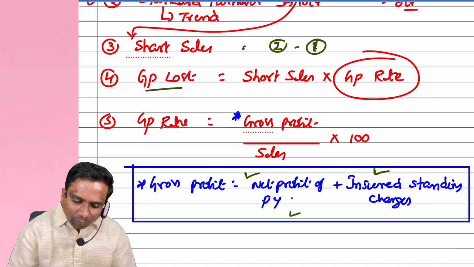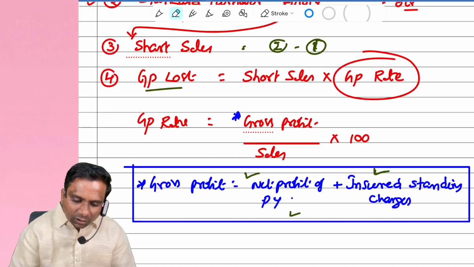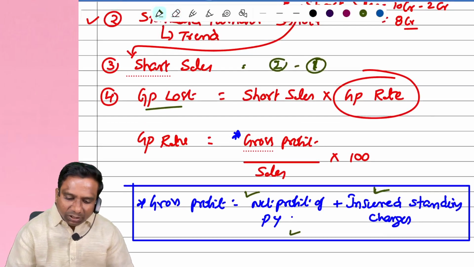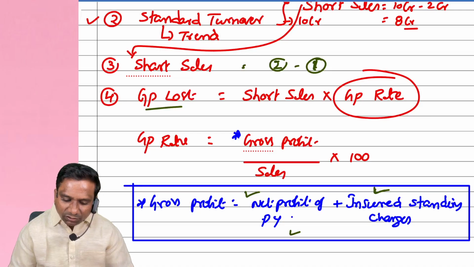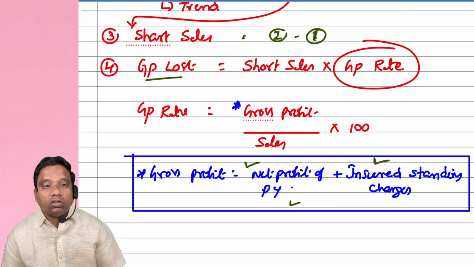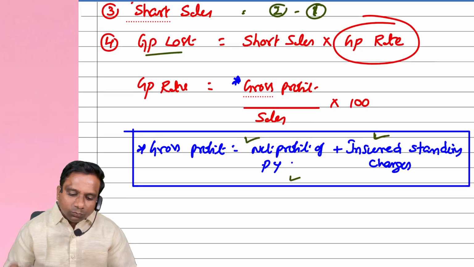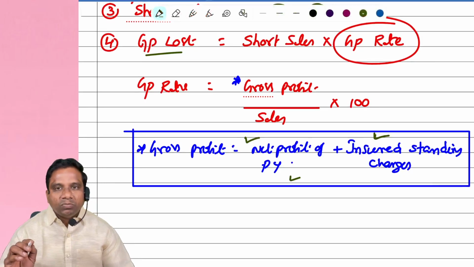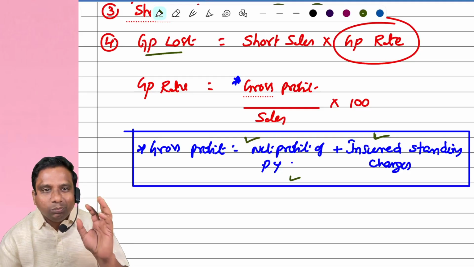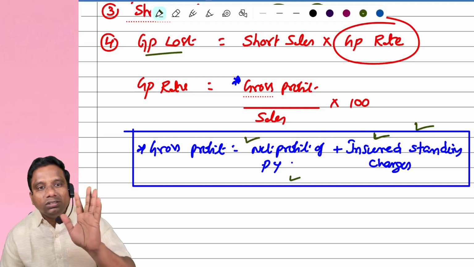So if you apply this GP rate on the short sales, then we get GP lost, gross profit lost. Is it clear? Yes, sir. Now the next problem comes here. The insurance company has agreed to pay only some insured standing charges.